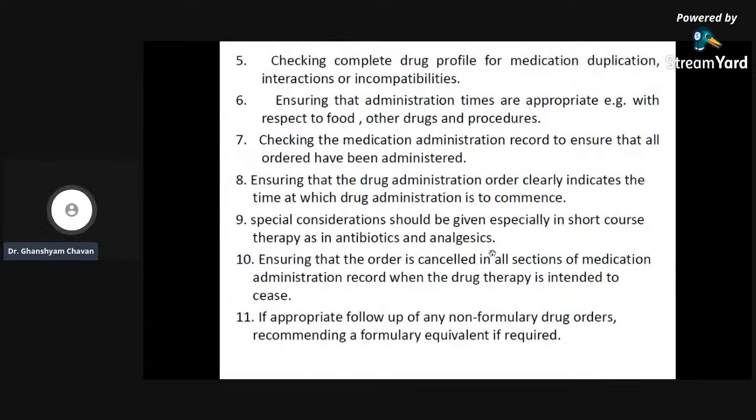Next is ensuring that the order is cancelled in all sections of the medication administration record when the drug therapy is intended to cease. So we must ensure that the order is cancelled. Means if your therapy is completed, whatever drugs you are taking for your treatment, we should cancel the order.